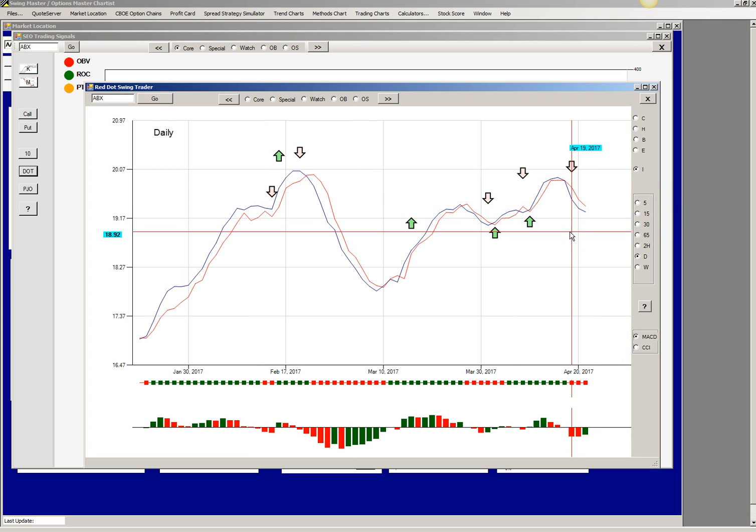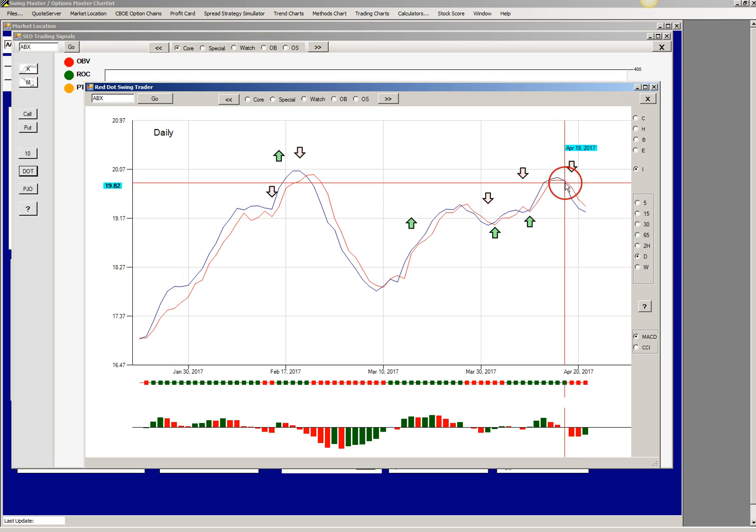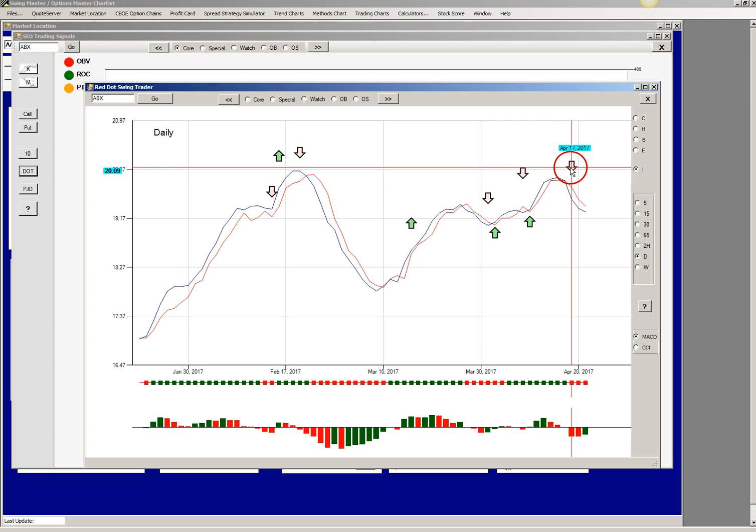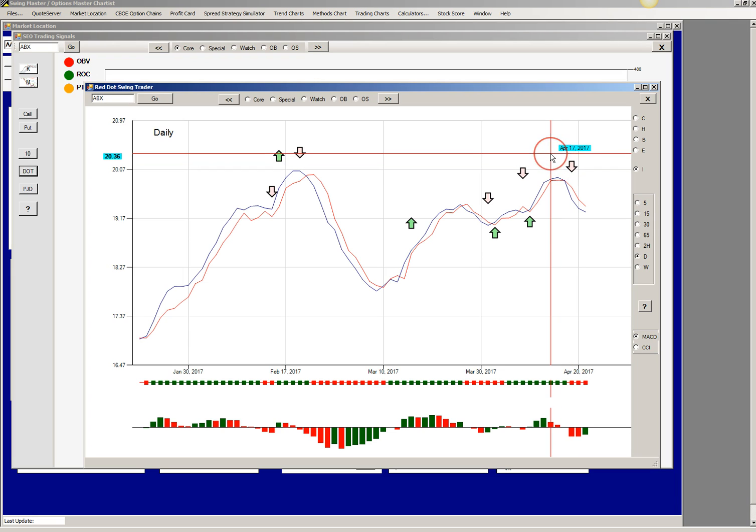And this is as simple as could be. If you see us referring to stupid in the chat room, this is the indicator we're talking about. And for ABX, we can see that stupid gave us a sell signal 4 bars ago, and that happened to be in conjunction with a TSI downtrending arrow.